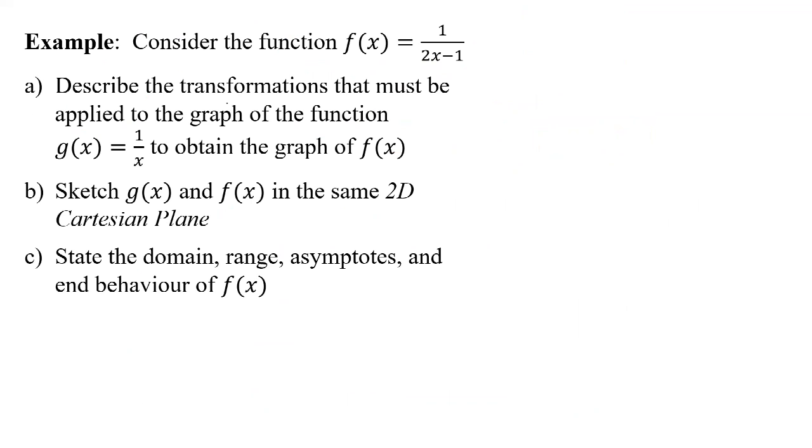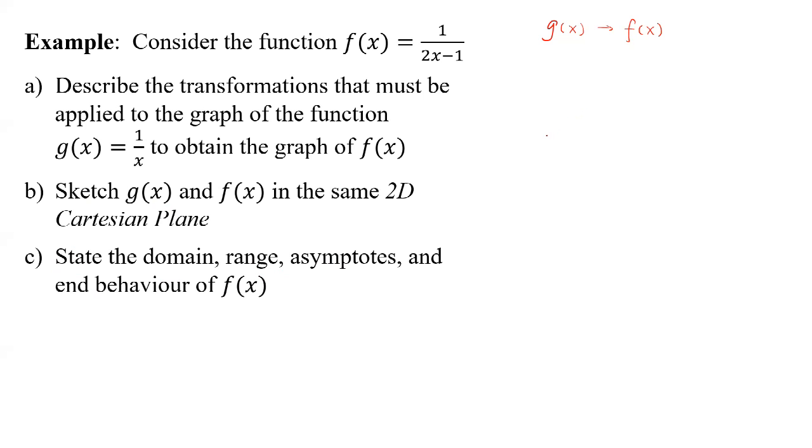First of all, describe the transformations that must be applied to the graph of g(x) equals 1 over x to obtain the graph of f(x). That means how we can get from g(x) to f(x), right? Next, sketch g(x) and f(x) in the same 2D Cartesian plane. Question C, state the domain, range, asymptote, and end behavior of f(x).